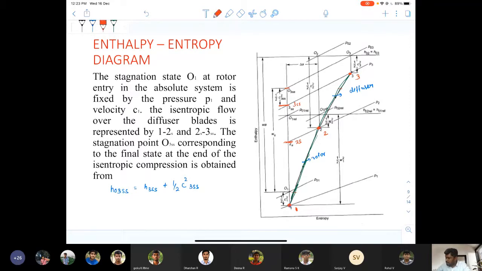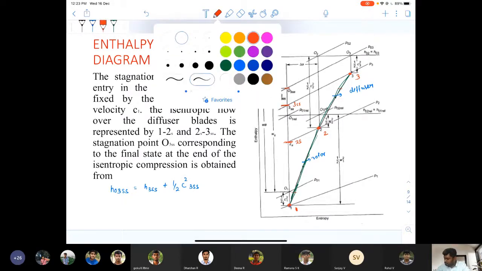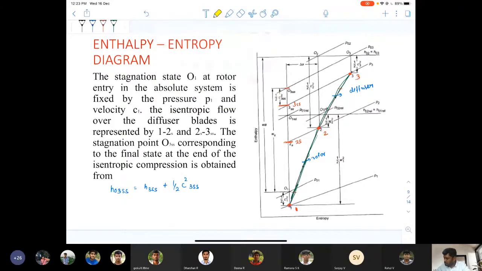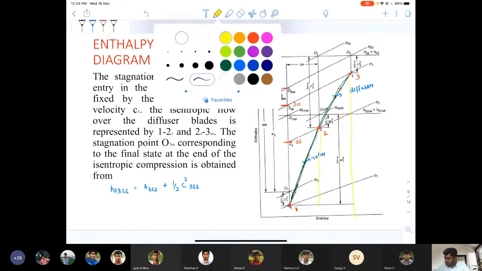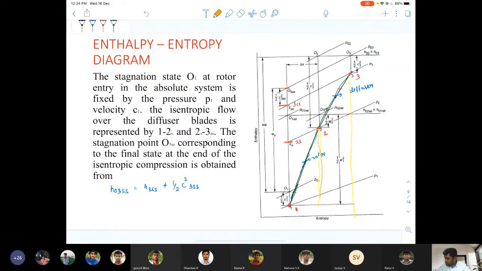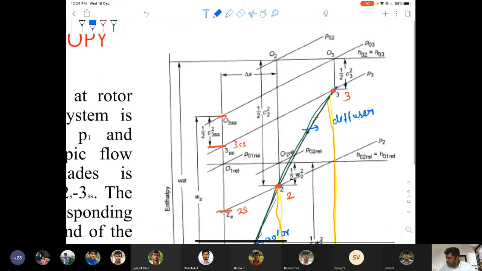You can see the increase in entropy between these points, point 1, 2, and 3, and there is a decrease in pressure.